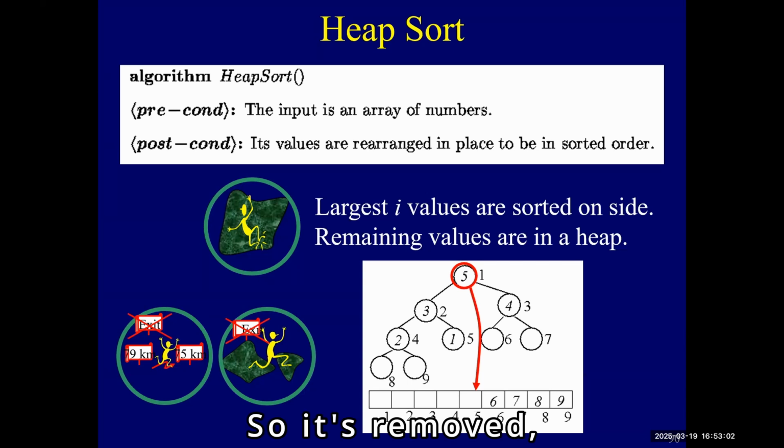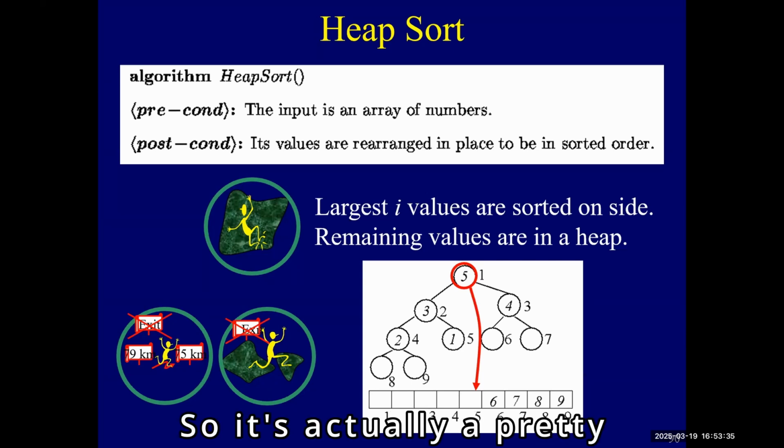So it's removed. Boop. And it's put up here and bubbles where it belongs, right? And we remove the maximum. Conveniently, where does the maximum go? Ooh, it goes here. Why? Not because it's part of the tree, but the tree got smaller. It now belongs where it belongs, which is here. Does that make sense?